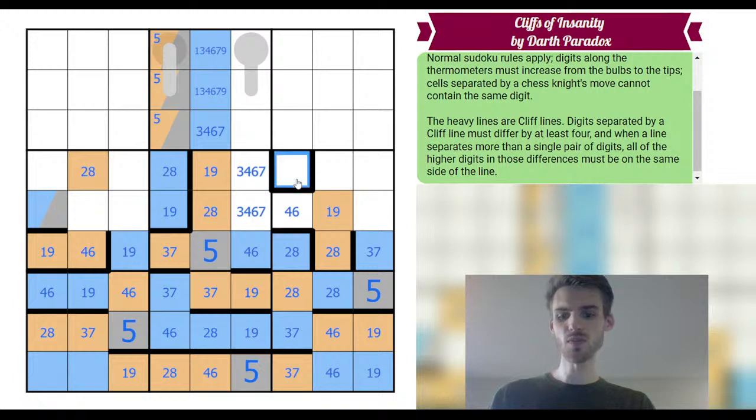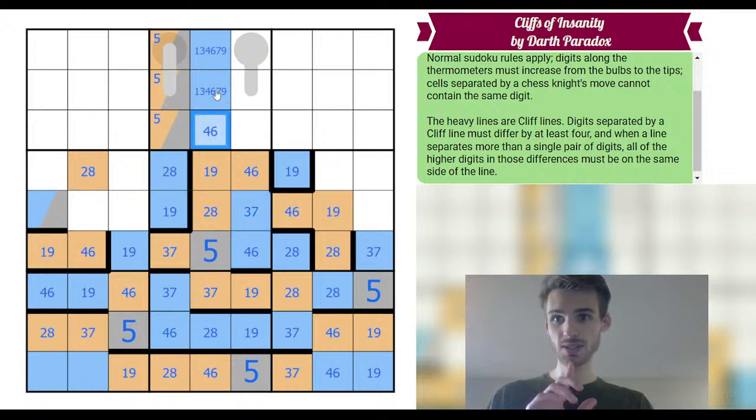So this has to be 1-9 or 2-8. And it can't be 2-8, so it's 1-9. So it's blue. So this is orange, and this is orange. So this is blue, which means that this is the 4-6.